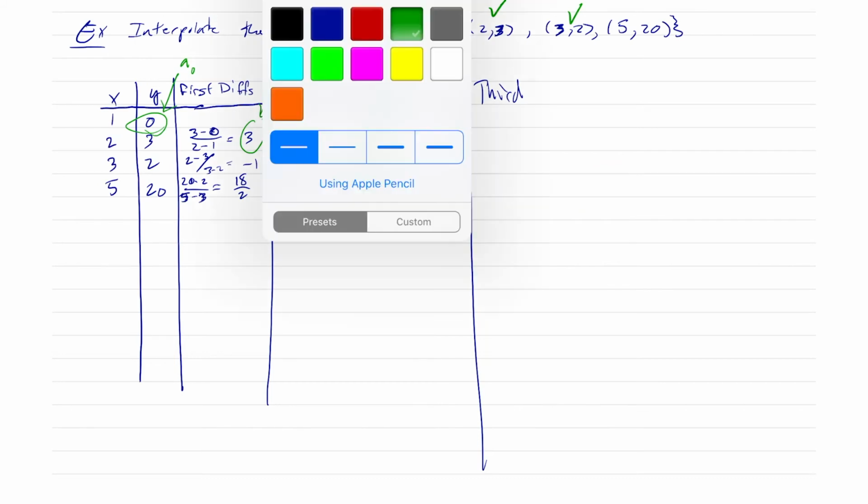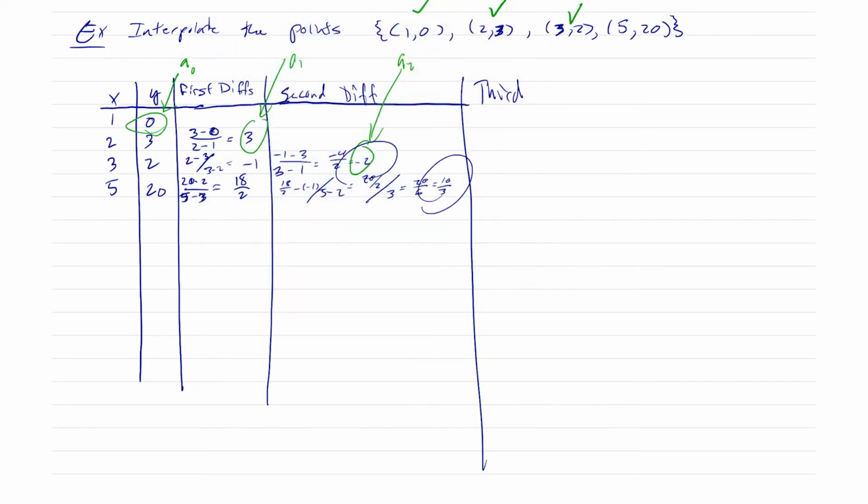Okay, so let's go ahead and do that. So again, we're going to be looking at this term and taking their difference. And so that's going to be 10/3 minus -2. And we divide by this x value. And if we follow this up diagonal, we're going to have, say, this guy, and this guy. So we're going to have 5 minus 1.